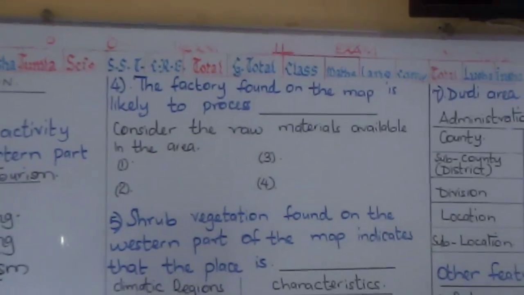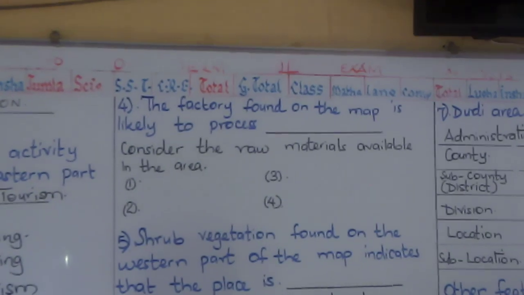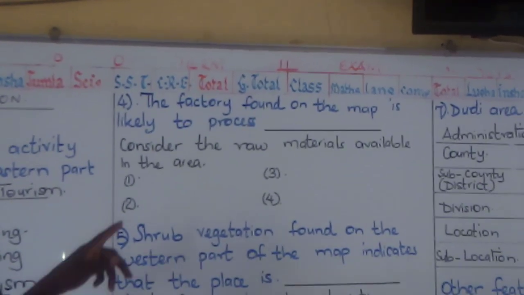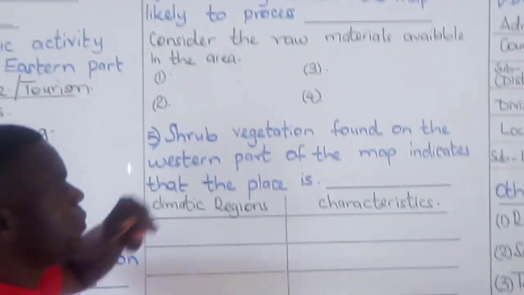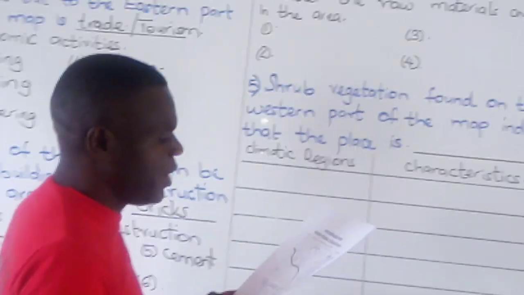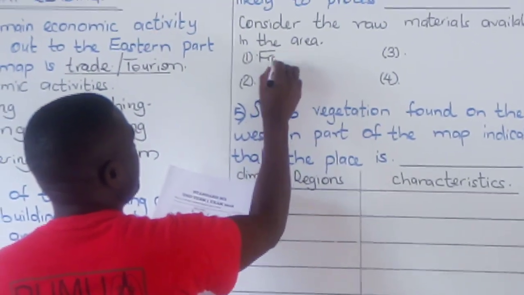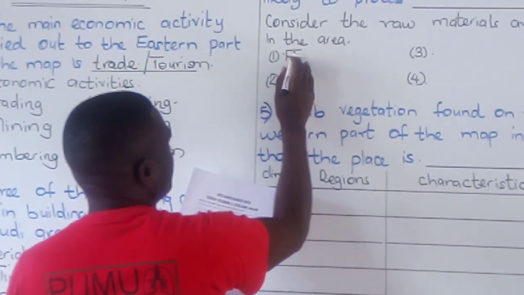Question number 4. The factory found on the map is likely to process what? Consider the raw materials available for you to start a factory. Some of the raw materials there, we can see the trees, the forest. Forest is providing the raw materials. Let's just write trees.